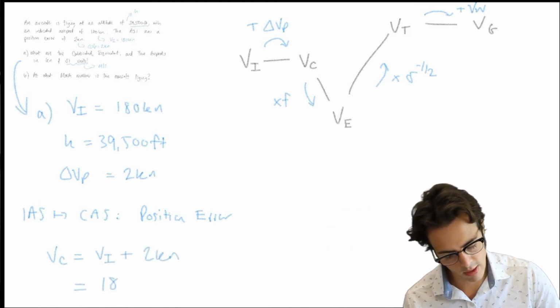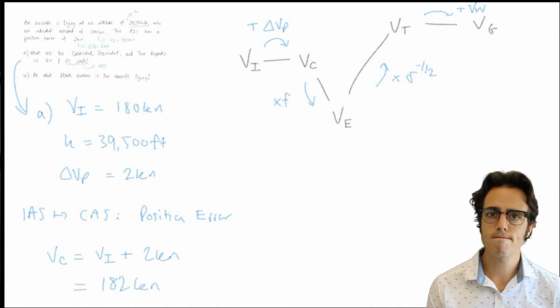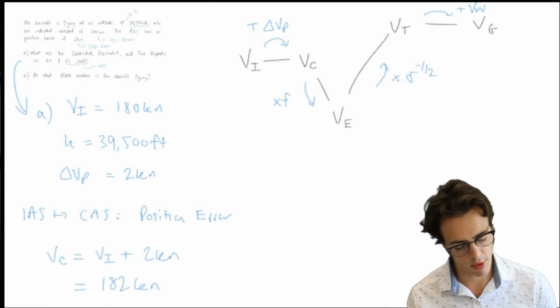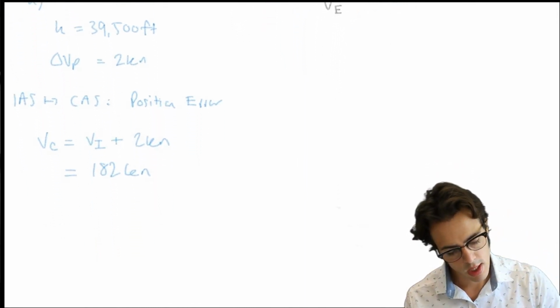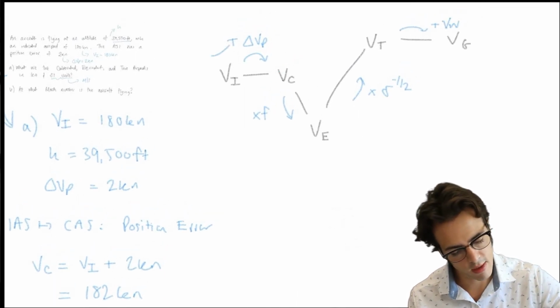So it's equal to 182 knots. Okay? Not all of the parts of this question are quite so easy, and these questions will get more difficult as they go along, but I'm hoping that you guys can easily add 2 to any number. Now that we've got our VC, so we're here now, let's tick these off. So we had VI, we've got VC.